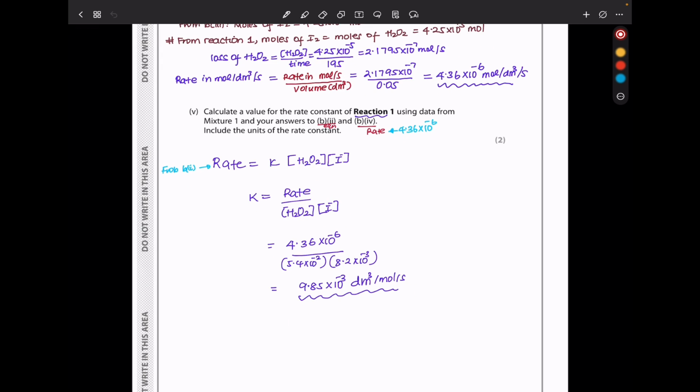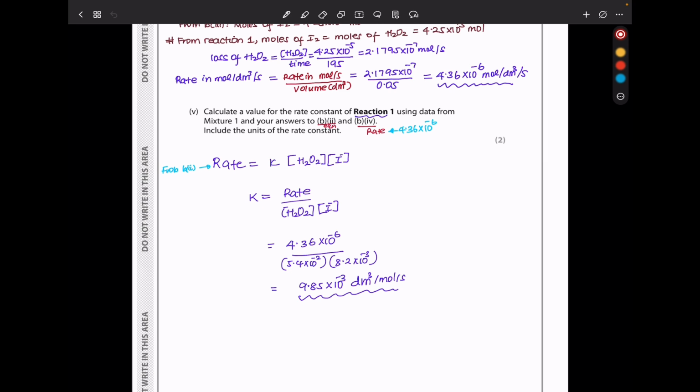And next, calculate the value for the rate constant of reaction 1 using data from mixture 1 and your answers in B2 and B4. Include the units of the rate constant. From B4, rate is given as that, and from B2, the rate equation is rate is equal to K, concentration of hydrogen peroxide times the concentration of iodide.